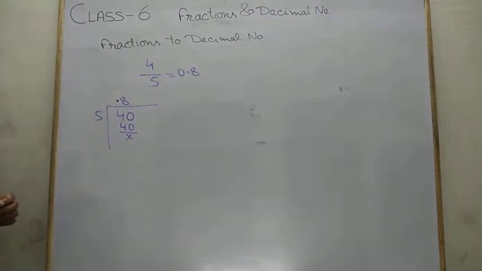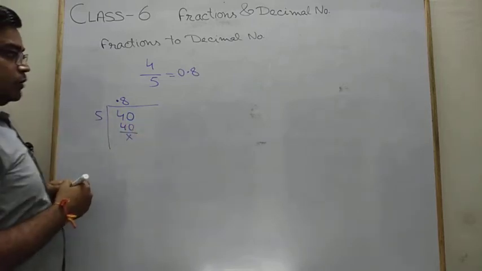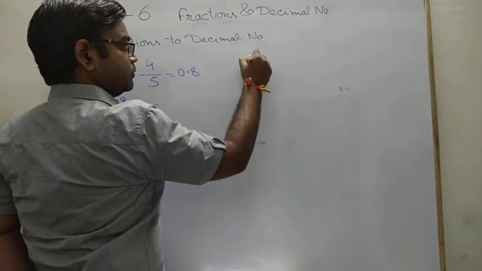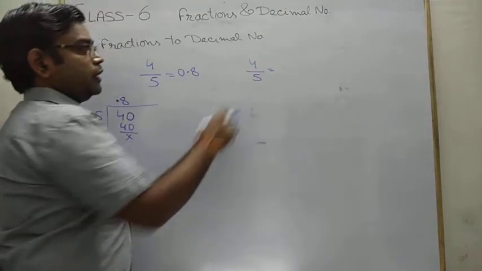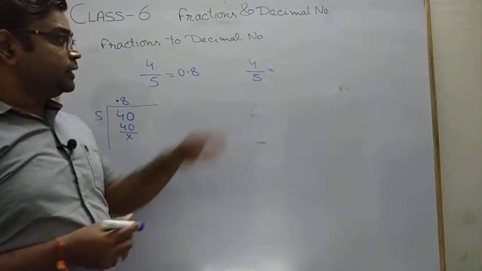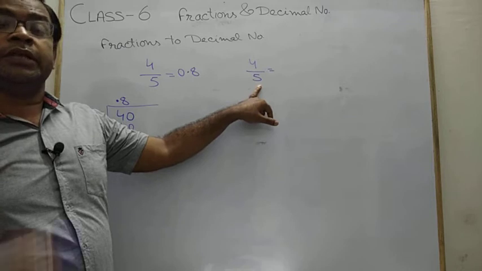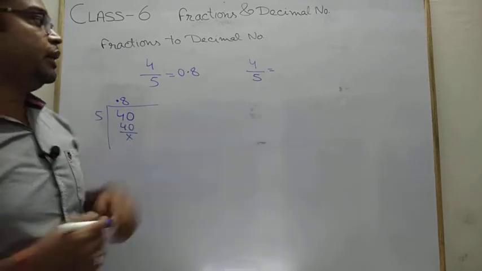0.8 likewise. Or there is one other method to see this. Suppose 4 upon 5 is given. Our first aim is to convert this denominator into 10 or the nearest multiple of 10. Here we have 5.